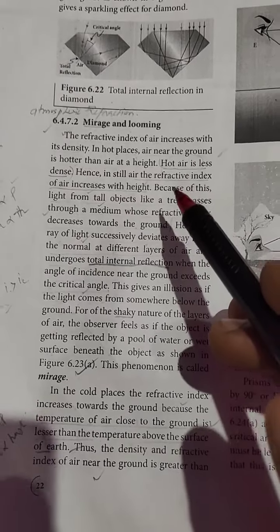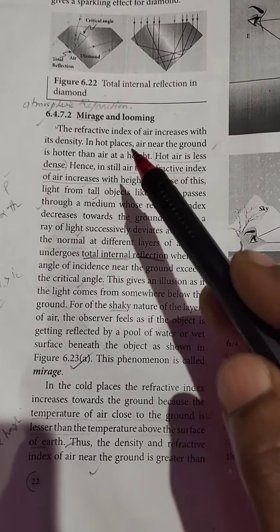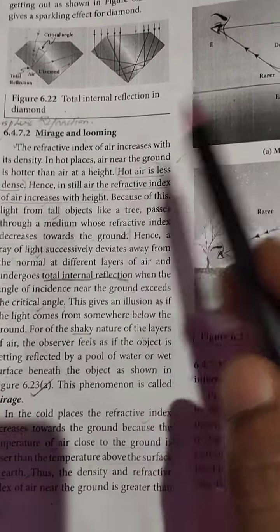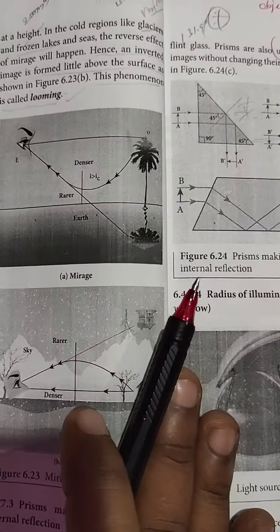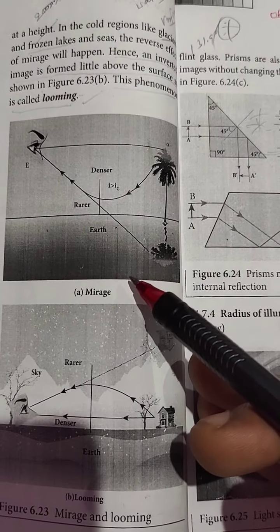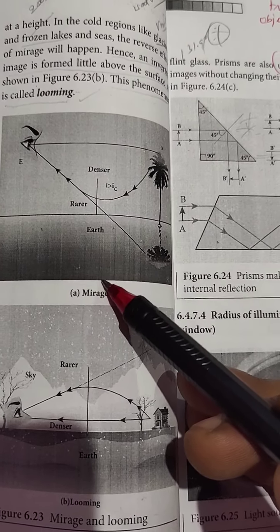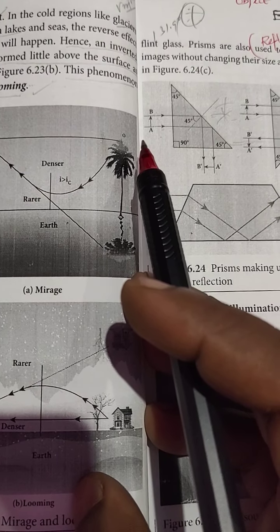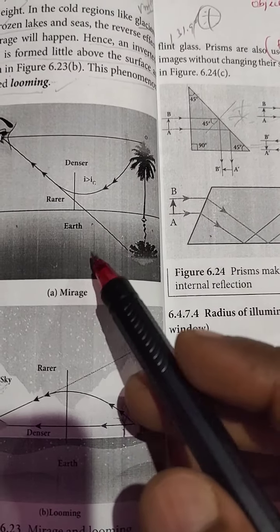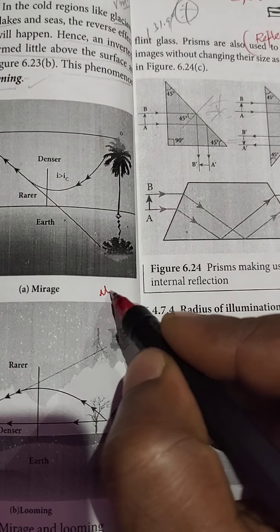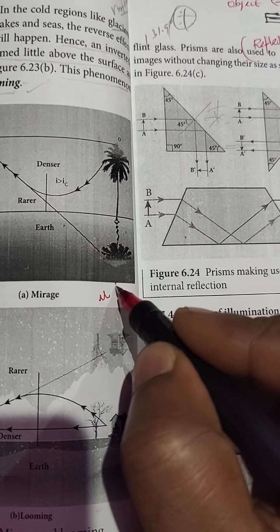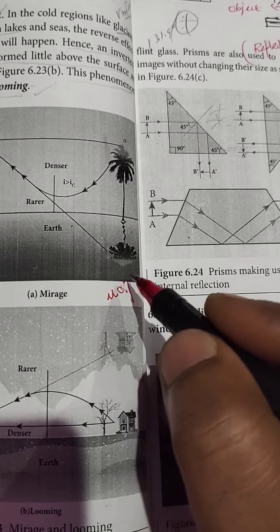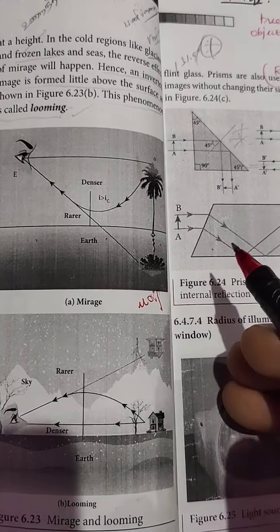And the last topic: mirage and looming. Mirage. The refractive index of air increases with density, so the refractive index increases and its density rho also increases, which is directly proportional.